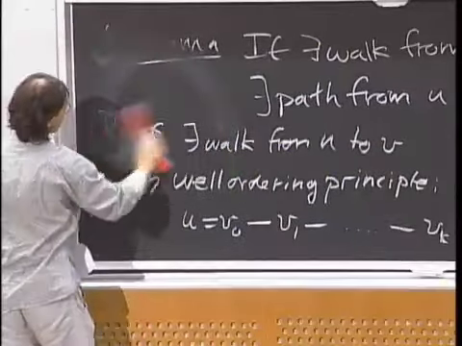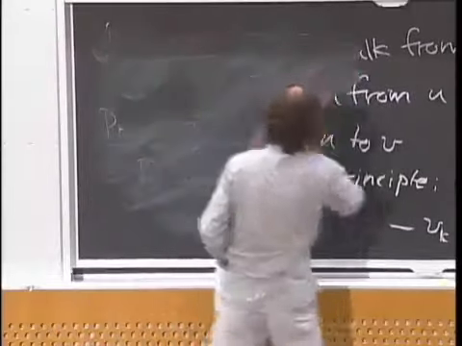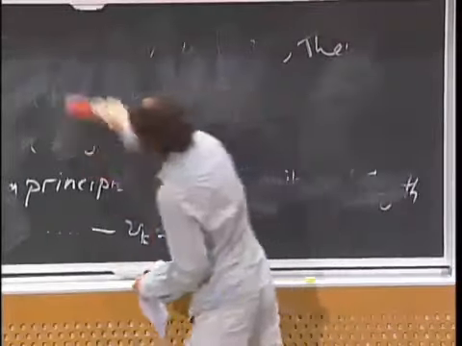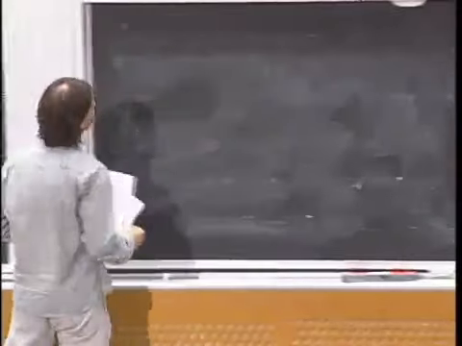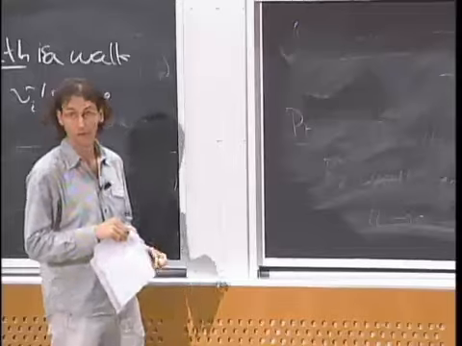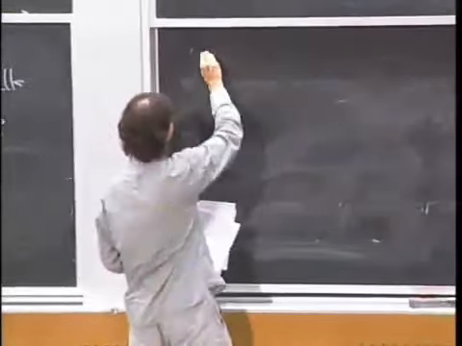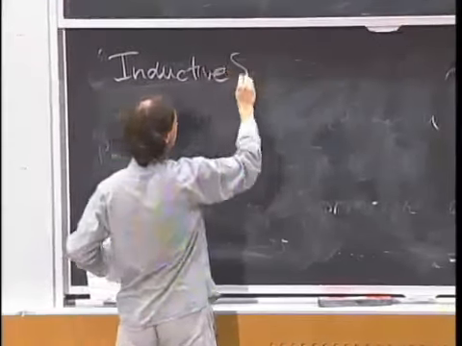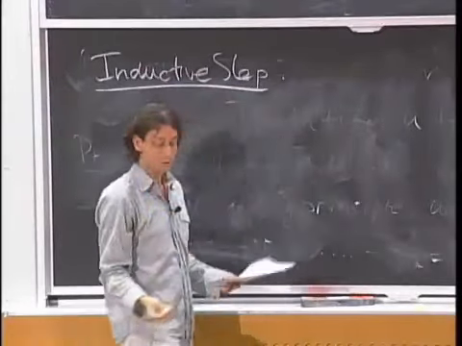To do the inductive step, we're going to always assume Pn. And then we want to prove Pn plus 1. So we have the inductive step. And we always start out the same way.